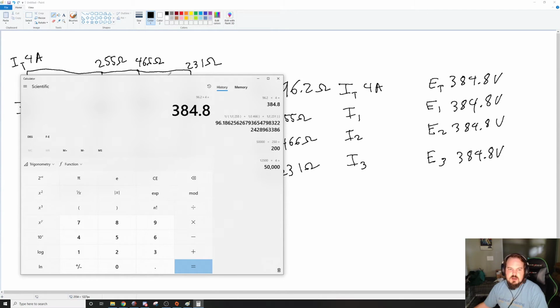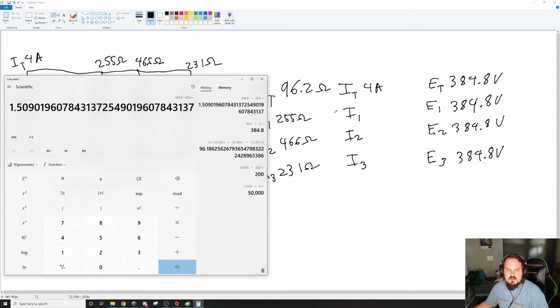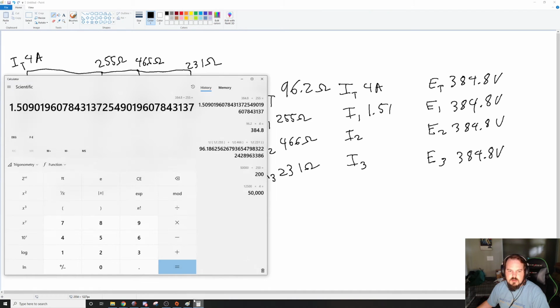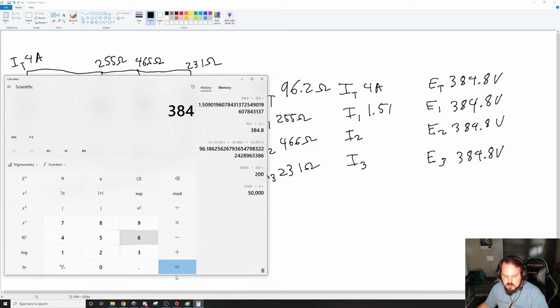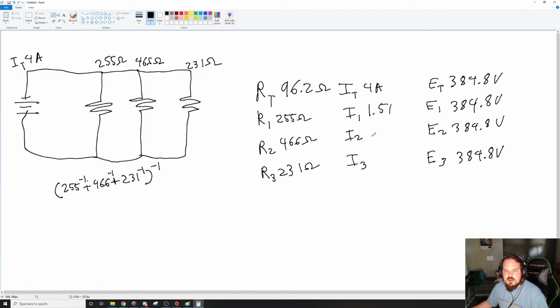I'm just going to do that real quick. 384.8 divided by 255 is 1.51. 384.8 divided by 466 is 0.83.